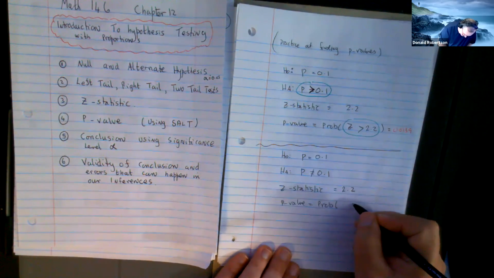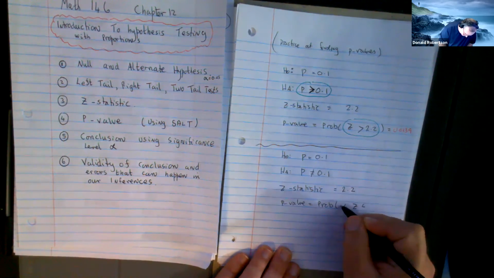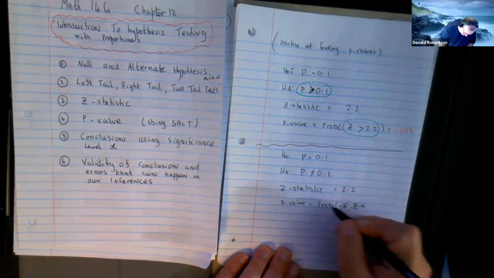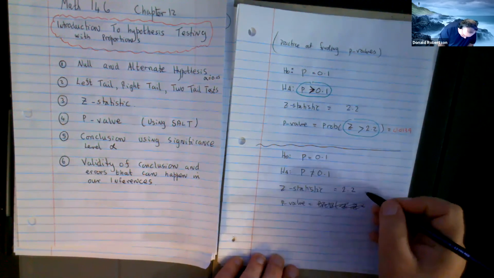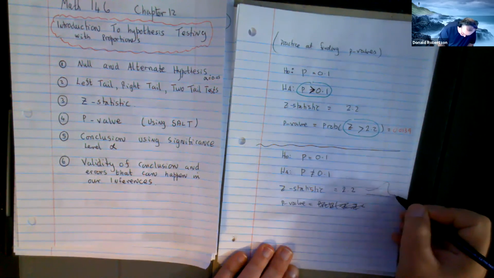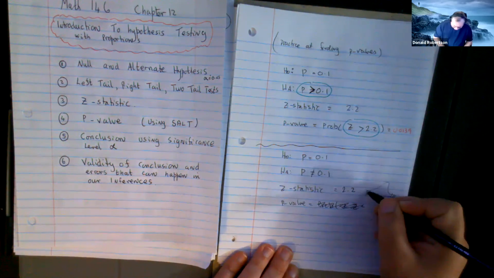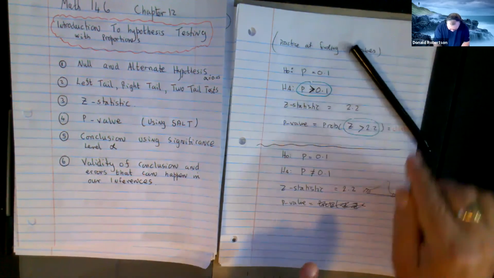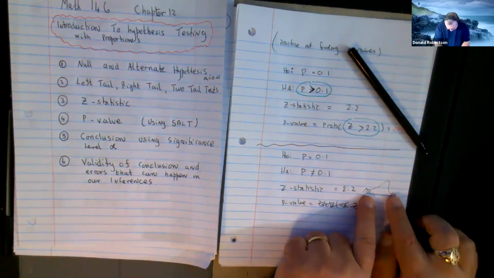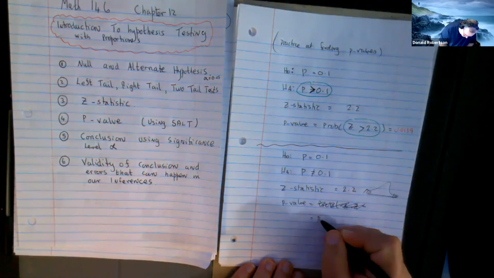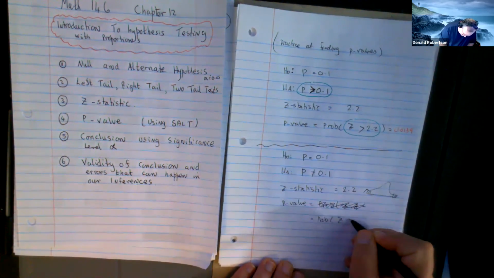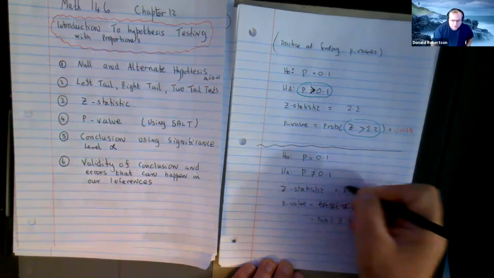Technically, I'm trying to figure out a best way of saying this. Basically, we want a two-tailed test. Let's do it visually. So we're looking at the chances that it's not this bit in the middle. So it's bigger than 2.2, at least in this situation.